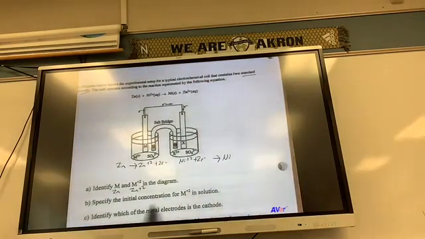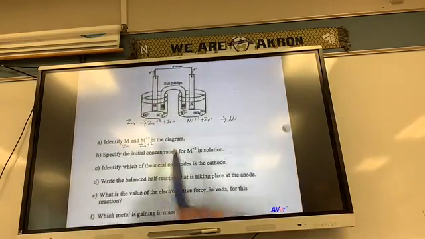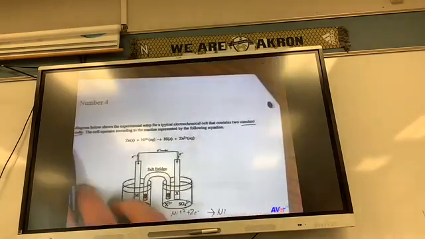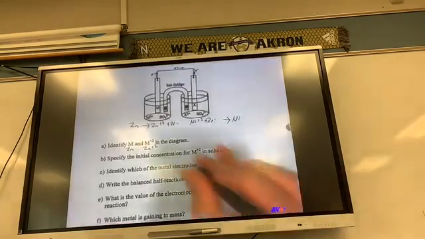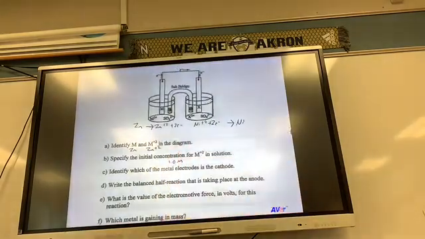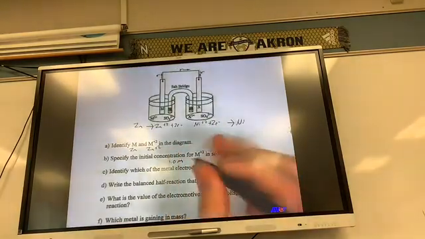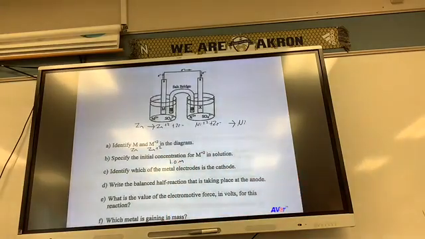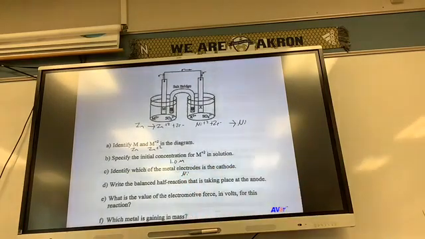Therefore, the initial concentration has to be what? Standard half cells. What are standard conditions? 1.0 molar. 1.0 molar. Identify which of the metal electrodes is the cathode. Nickel. Thank you. Nickel. Write the balanced half reaction taking place.